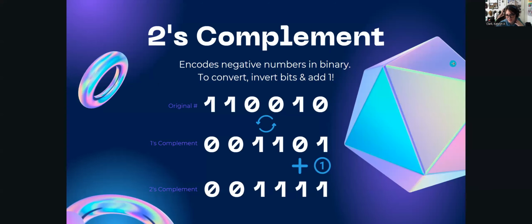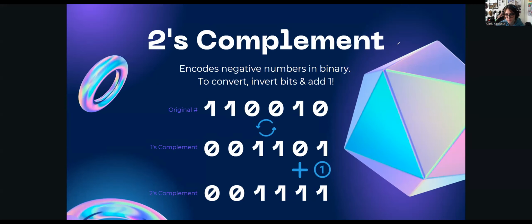Okay, and then the last big topic I want to talk about for today's Sunday review is 2's complement. 2's complement is the only real way that you're going to be able to encode negative numbers in binary when you're working with bits and wires.